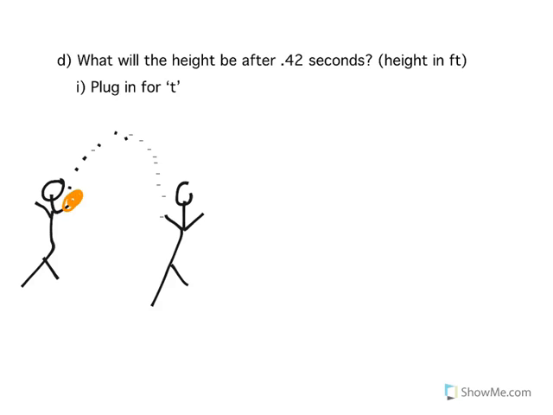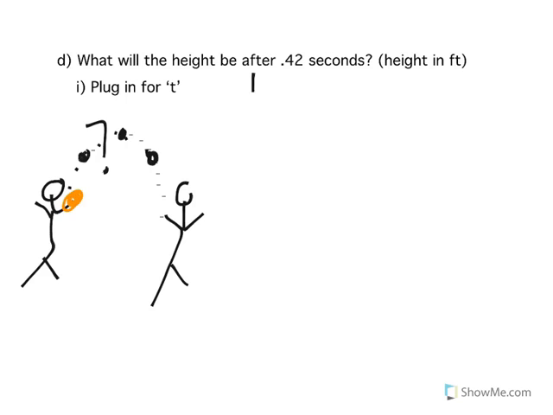We want to know, where is the ball going to be after 0.42 seconds? Is it going to be up here? Is it going to be here, here, here? Where is it going to be after 0.42 seconds? So we're looking for a height, a distance. How high is it going to be?